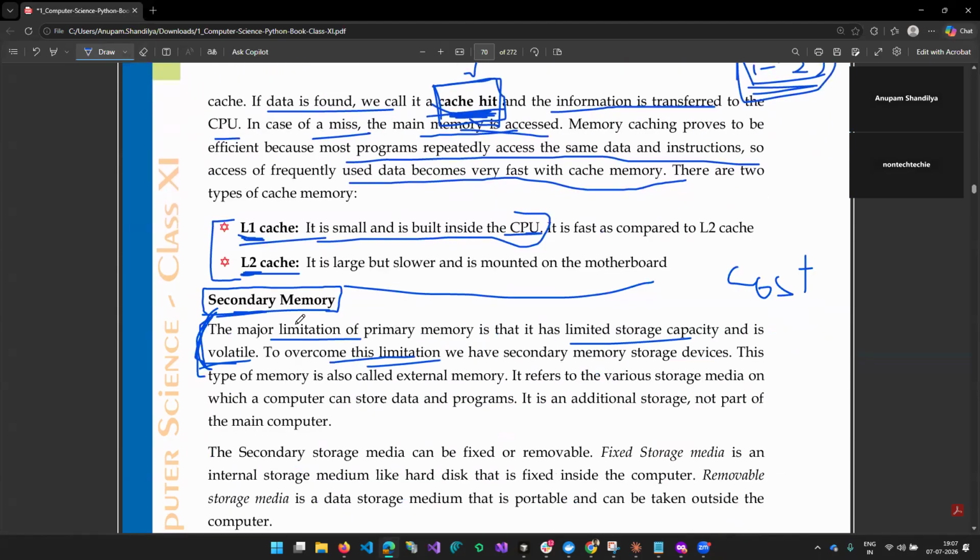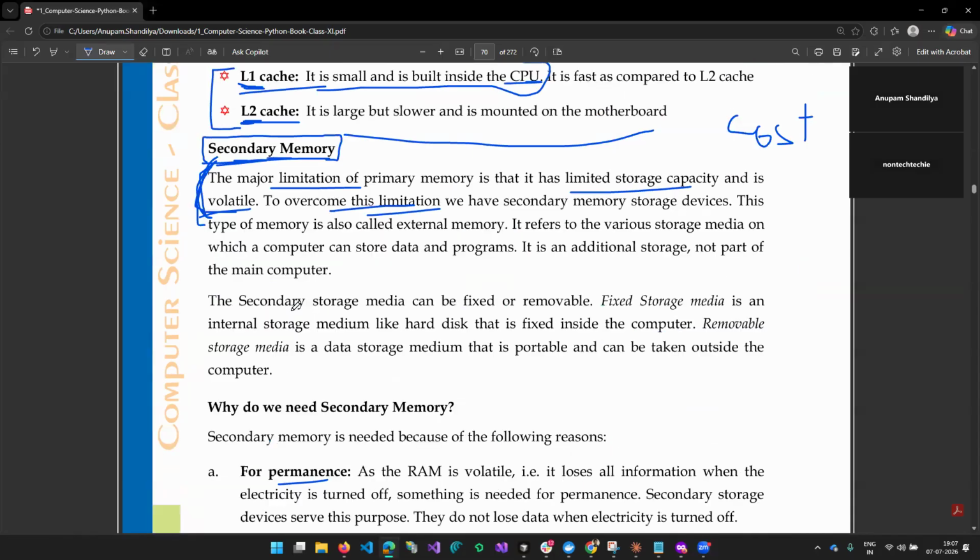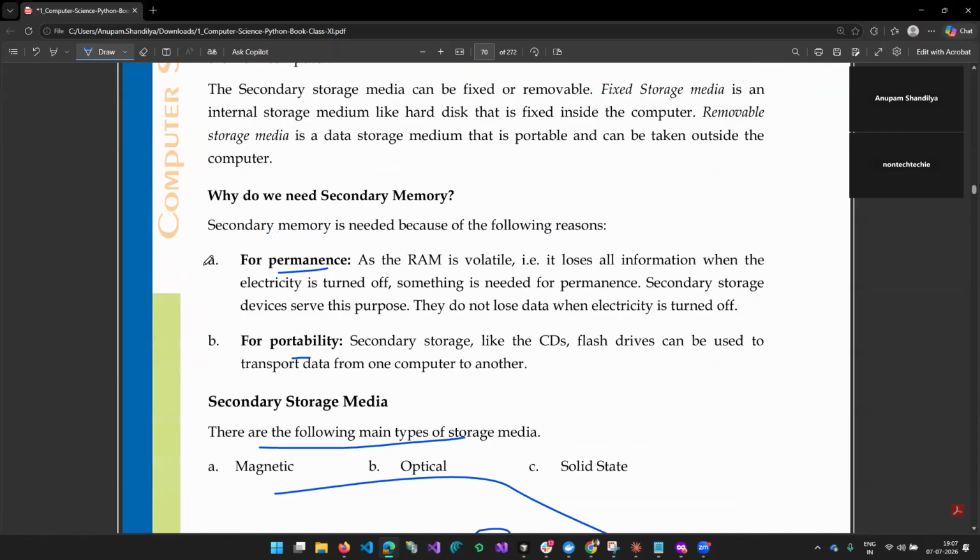And we kind of understood why secondary memory is needed, and these are the two main reasons: portability and permanence. Because even if we make a RAM non-volatile, we won't be able to take it out of the computer. And if we want to do that as well, then the RAM won't be RAM. We lose the speed.